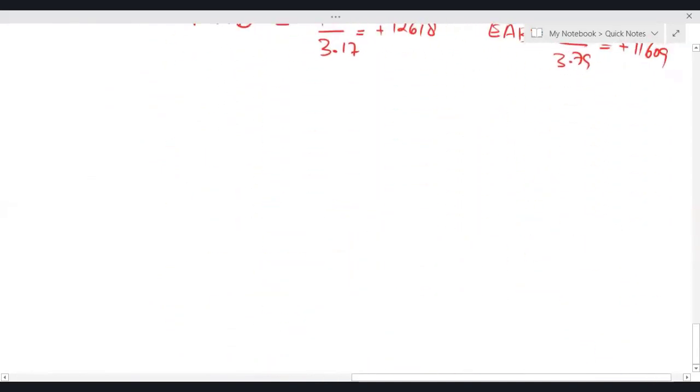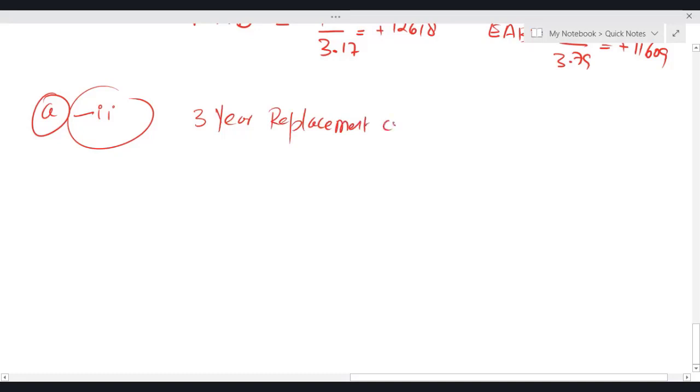A2. So 3 year replacement, 3 year replacement cycle.